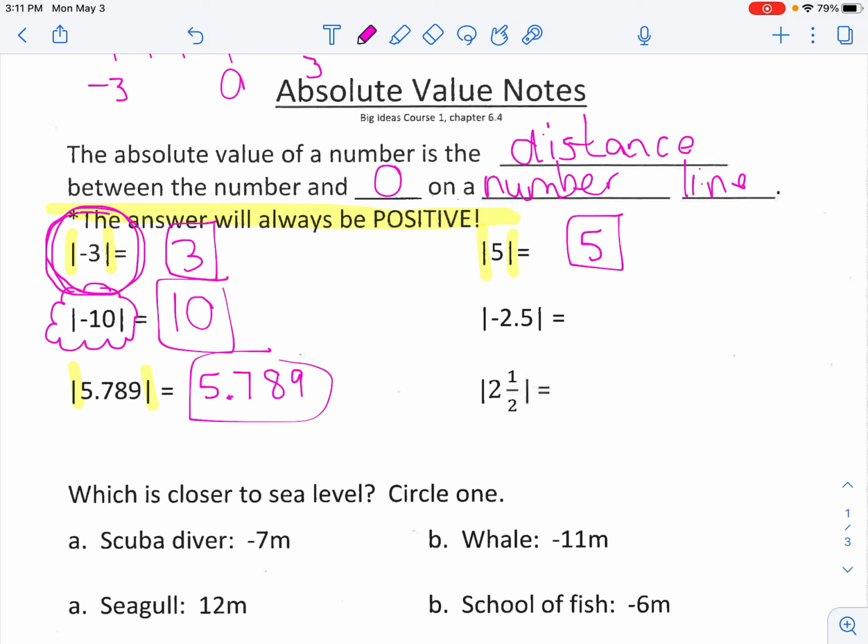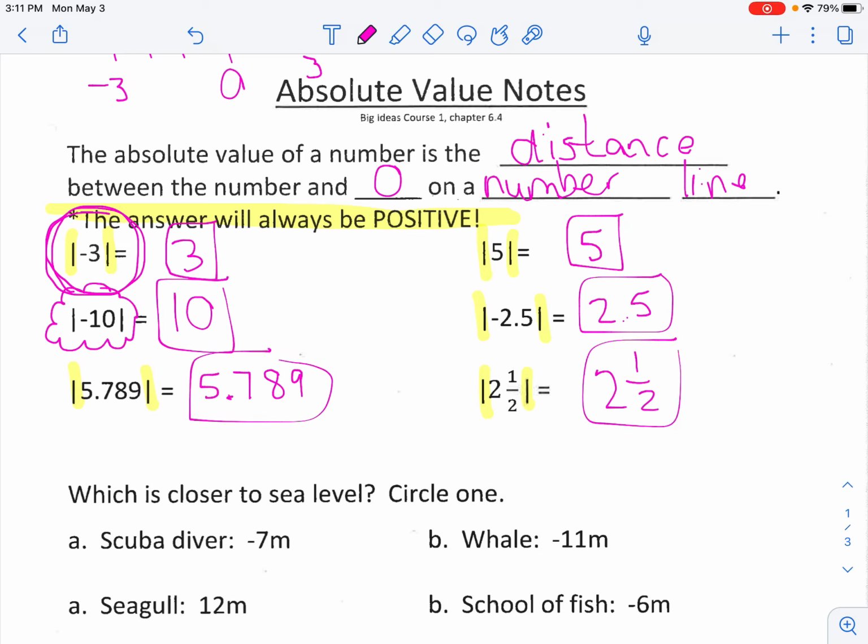If you're at negative 2.5, what is the absolute value? 2.5. What is the absolute value of 2.5? If you're sitting at 2.5 on the number line, how far to get back to 0? 2.5.